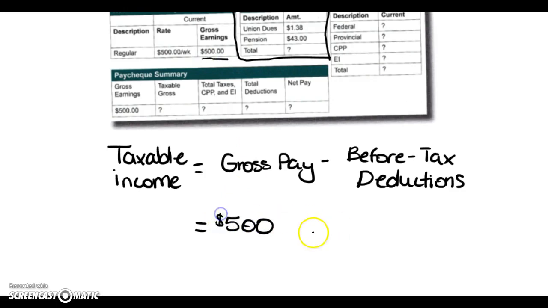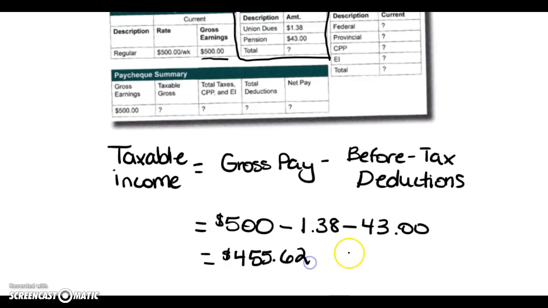That was their gross pay. Then we're going to subtract each of those before tax deductions. So our first one here, we have $1.38 for union dues. Then we can also subtract $43 for that pension. You can put that into your calculator, and then what you should find is that the taxable income is $455.62.